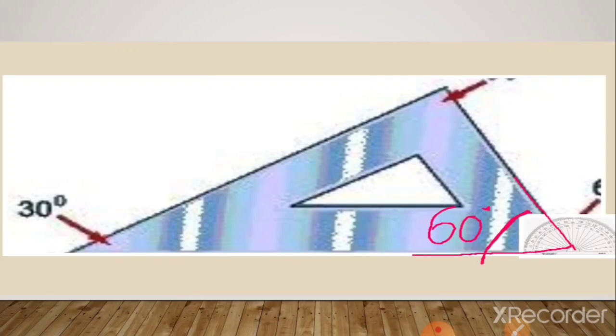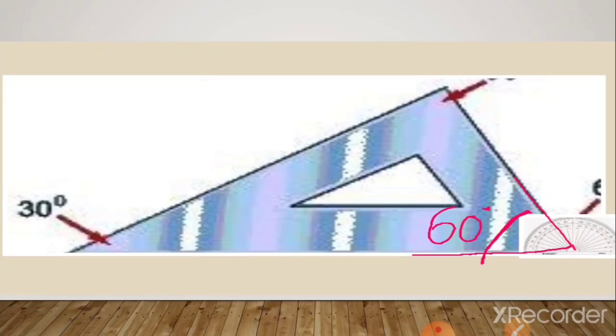Or what you can do, students, is draw the set square triangle in your notebook, and then measure all the angles from that triangle, right? So again we have measured the second angle. You can see this angle is of what measure? It is 60 degrees, right?